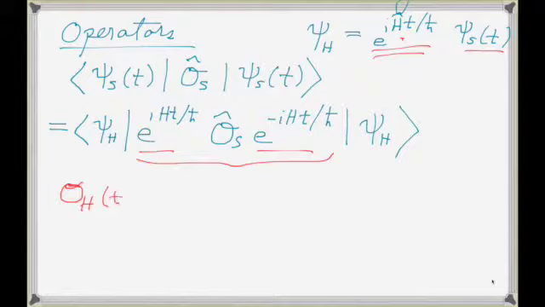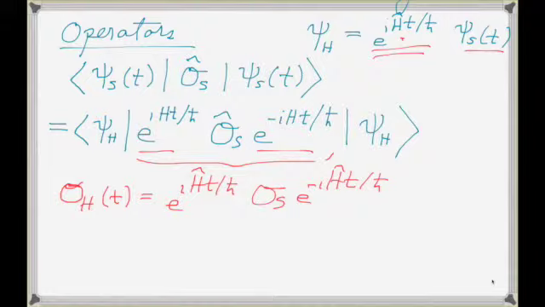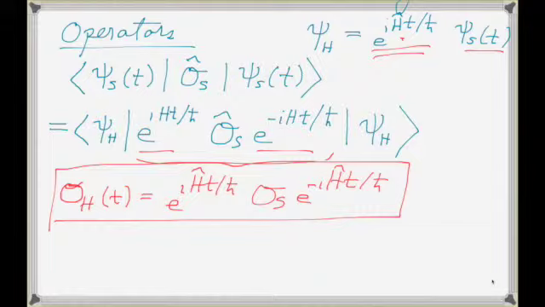So this is what defines my operator. O_H of t is equal to e to the i H t over h bar O_S e to the minus i H t over h bar. Okay, so that's my operator in the Heisenberg representation. As we've just seen, in this representation there's no time dependence to the wave function, so there's got to be time dependence somewhere.